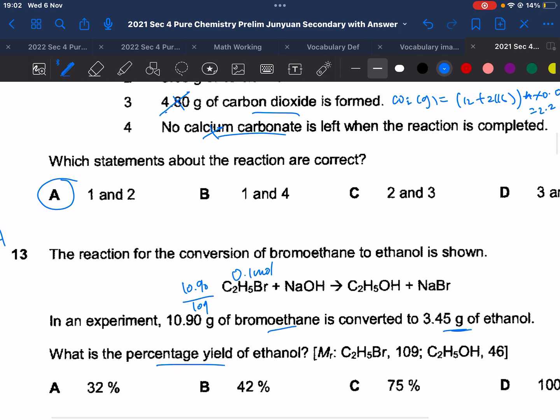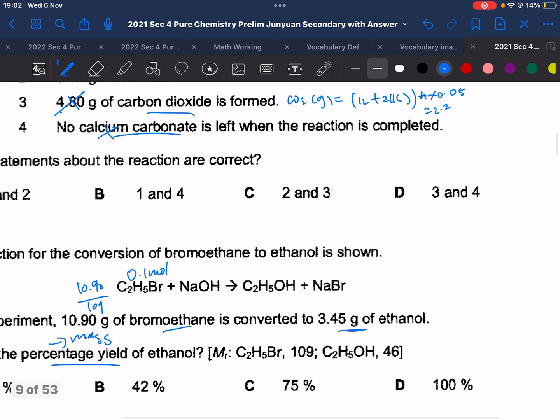Percentage yield is always in mass. This is by default in our O-level syllabus. When they ask you to calculate a percentage yield, it's always in mass. So you're finding the percentage mass of ethanol over the predicted yield. Since 0.1 mole of bromoethane is used, there will be 0.1 mole of ethanol produced.